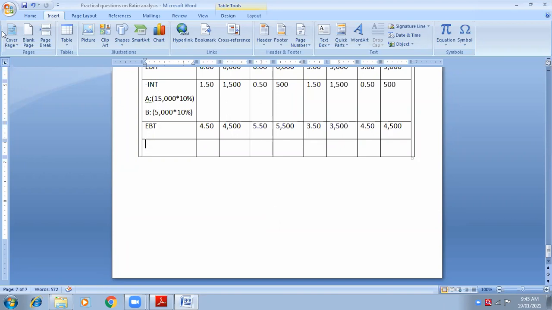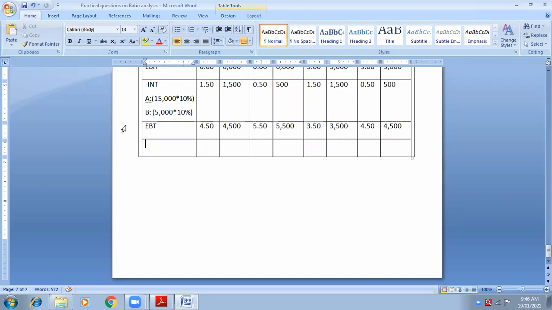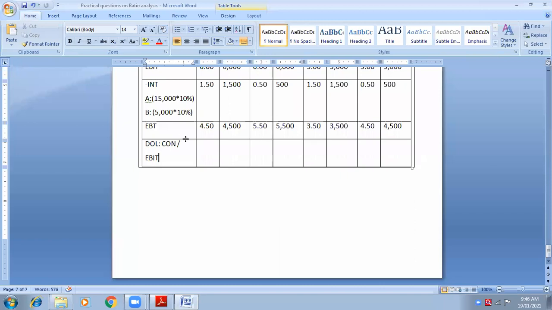It is very easy when you calculate the formulas in the table. So DOL is equal to contribution upon EBIT. This is my first formula. Okay. Write down the formula just the way I have written.